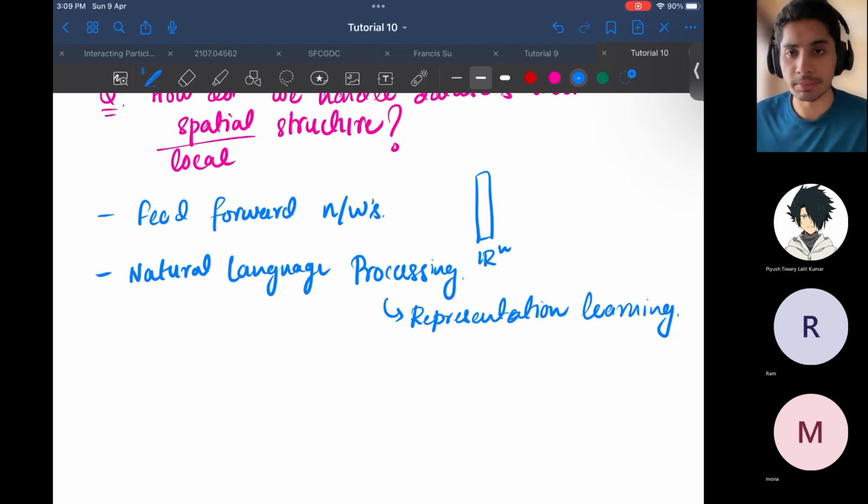So that was previous week's content, representation learning. Basically, we wanted to learn a representation for words which we can directly use in a neural network to do classification or whatever our downstream task is.